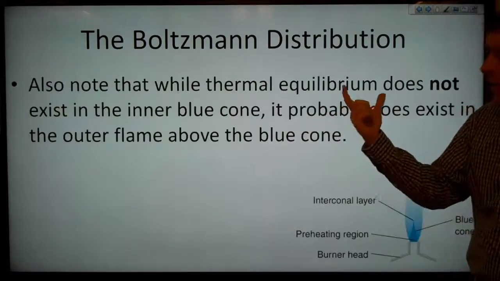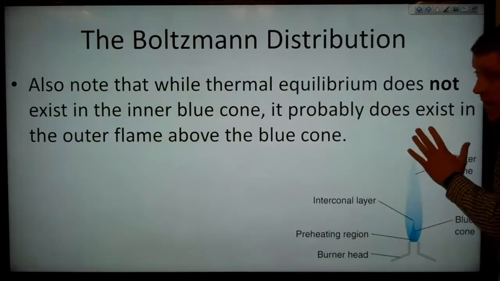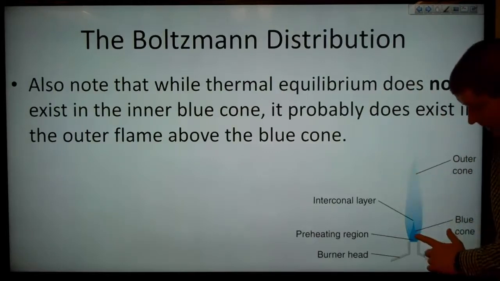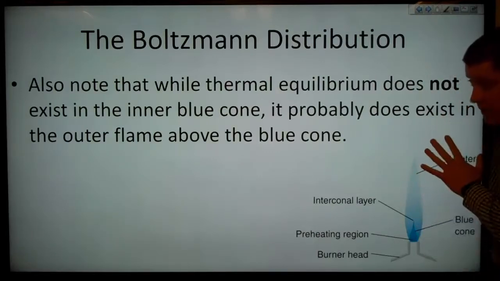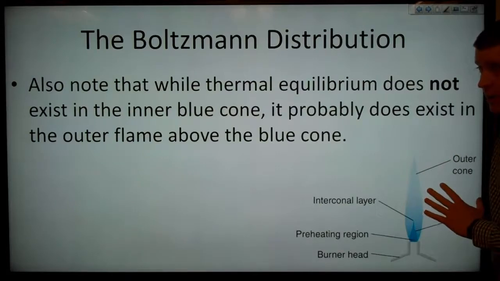So also note that while thermal equilibrium does not exist in the inner blue cone of our flame here, it probably does exist in the outer flame above our blue cone.